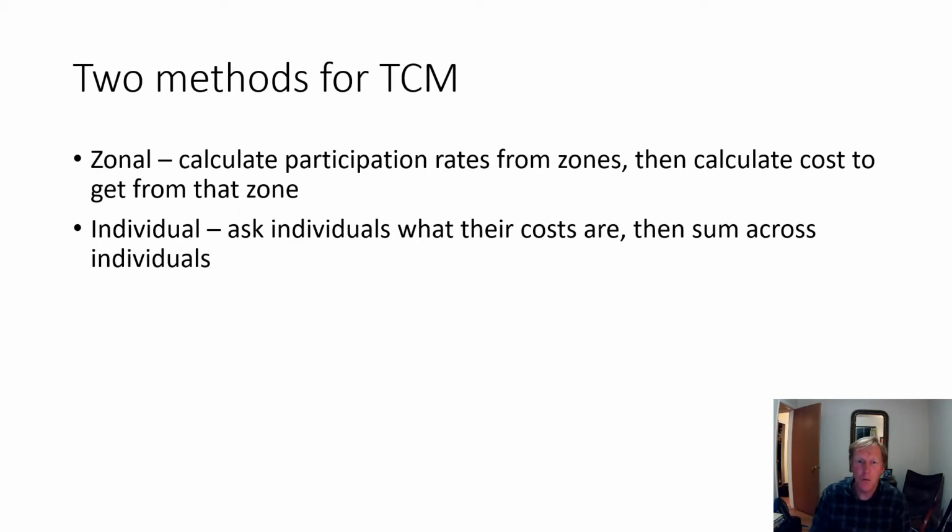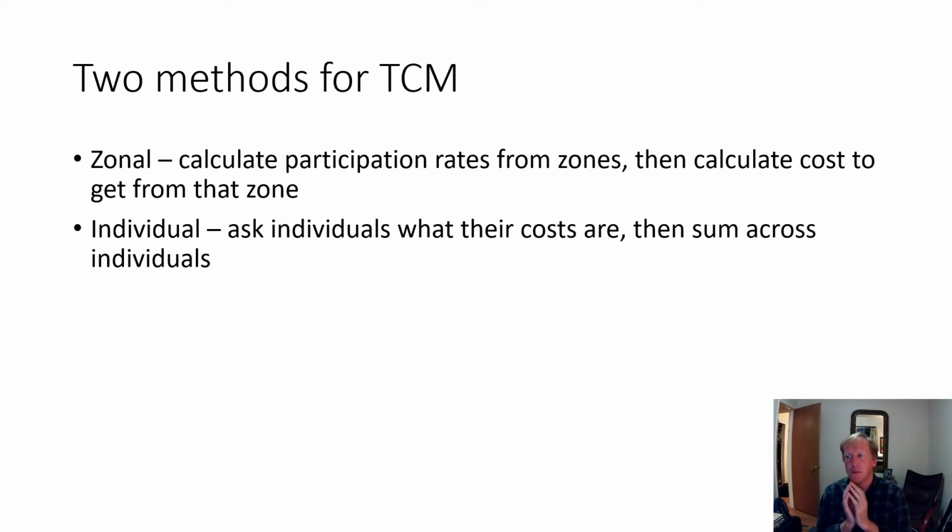Now, if it's a local park, you probably need to know more. So what's their address, or just ask them how many miles did you travel to get here? You can do this simply by surveying people at a trailhead or at the location that you're interested in. Once you have that, there's a couple different methods to calculate this.